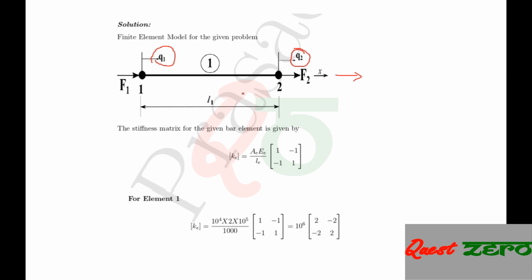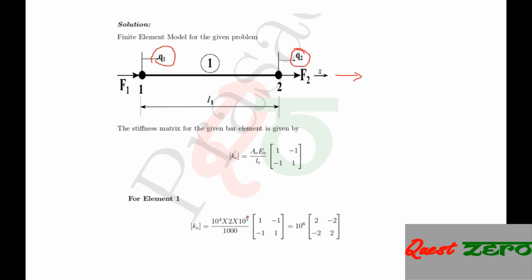For example, length is given in millimeter, and the force is given in Newton. So 200 into 10 to the power of 3 MPa, or 2 into 10 to the power of 5 MPa, divided by the length of the element, 1000, times the matrix [1 -1; -1 1].